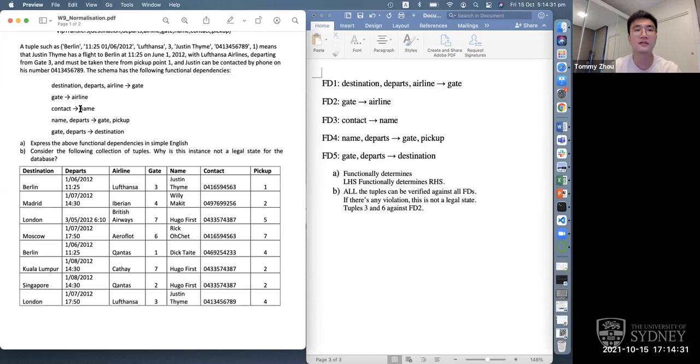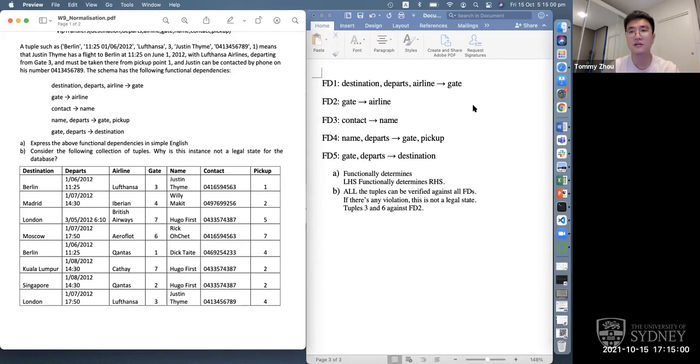So what about contact to name? Can this FD hold across all these tuples? I think no. If we're looking at 563, we have in the first tuple 563, which is owned by Just in Time, and this 563 is for Ricochet.